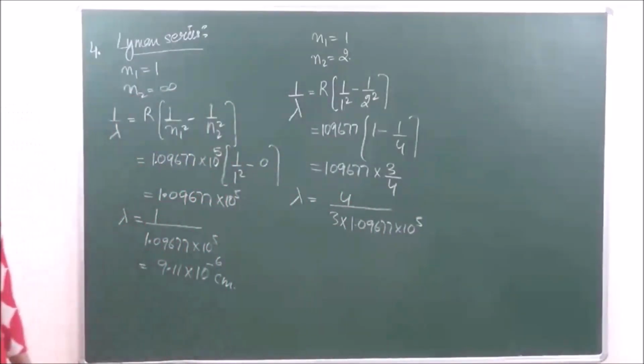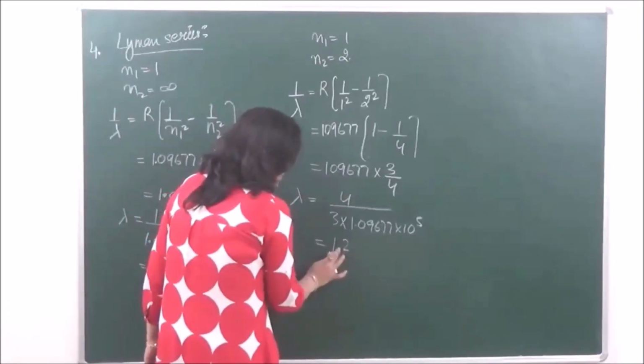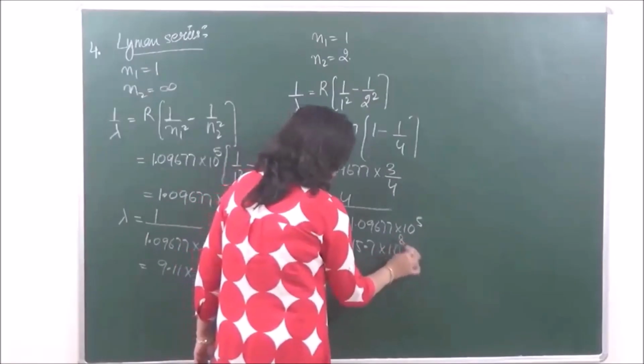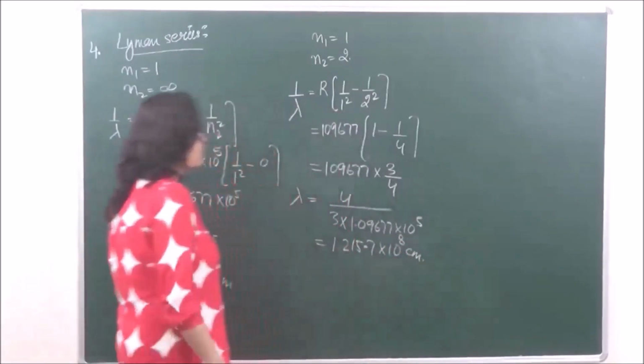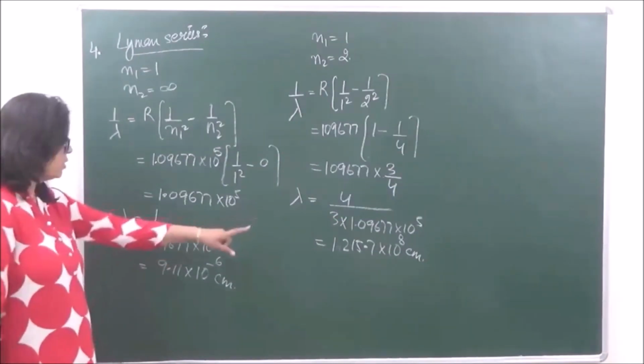So when we calculate lambda for this, it comes to 1215.7 into 10 raised to power minus 8 centimeter. And you can convert it into Angstrom if you want to. Both could be converted into Angstrom.